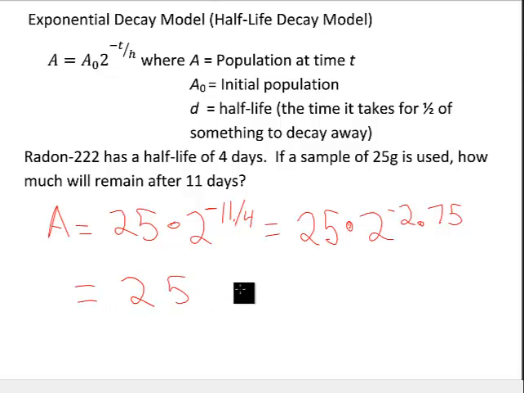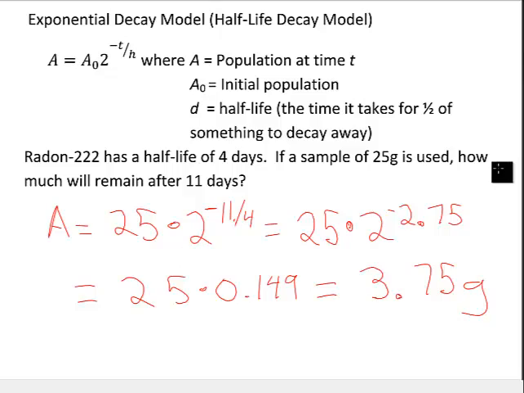The result from that is going to be 0.149. And finally, we can do that multiplication to get 3.75 grams remaining. Okay? Very good. So again, it's just a matter of plugging in the appropriate numbers in the appropriate places.